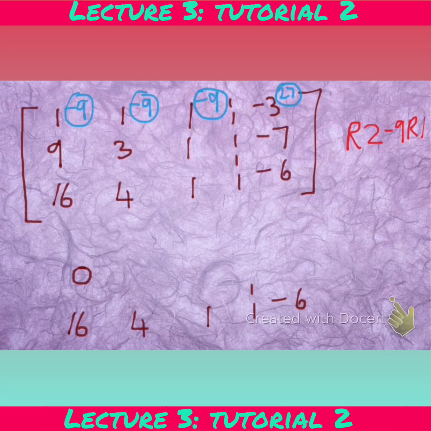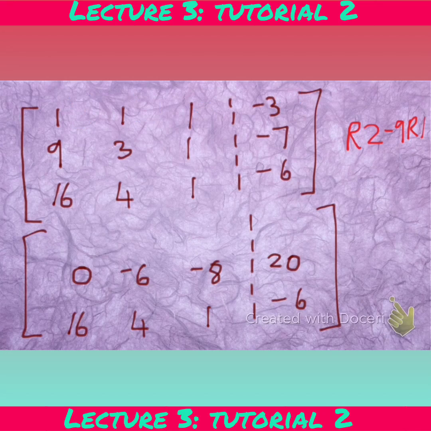The second row changes to 0, then 3 minus 9, which is minus 6, then 1 minus 9, which is minus 8, and the last term is 27 minus 7, which is 20. The first row, for now, stays the same. That's my new matrix.